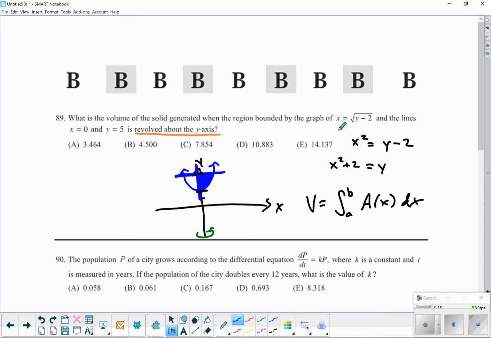Remember, we're going along the y-axis using the equation x equals, so it's going to be the integral from 2 to 5.